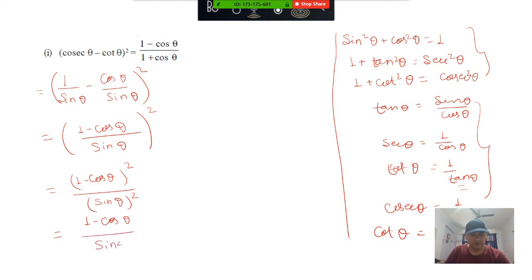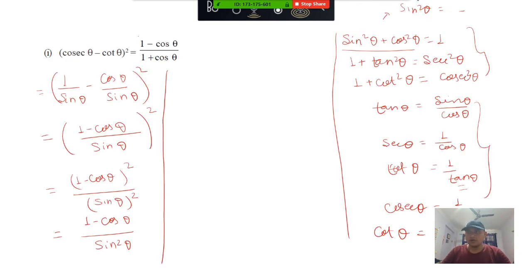If you are used to solving this question, then you are very aware that we write it like this. And from sin square theta plus cos square theta equals 1, we get sin square theta equals 1 minus cos square theta, right?